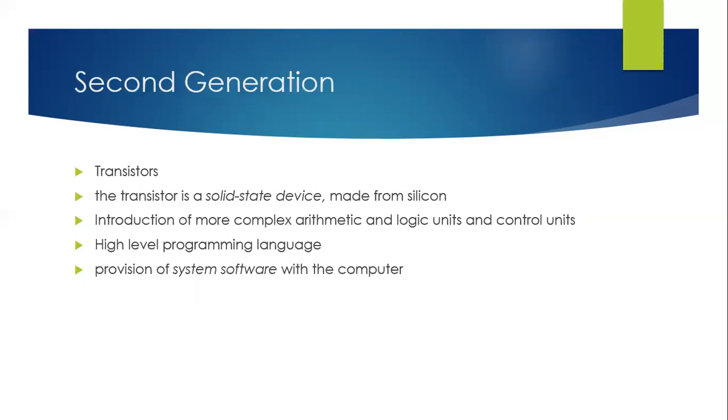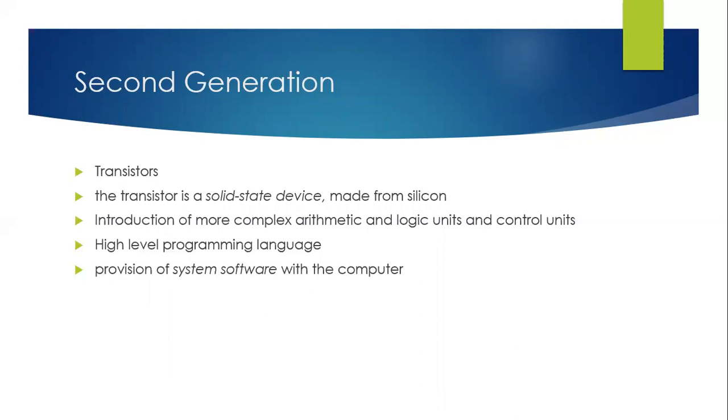Now, up until now, we have discussed the IAS computer, EDVAC computer and ENIAC computer. ENIAC and EDVAC were first generation computers. I hope you know that in first generation computers, vacuum tubes were used.